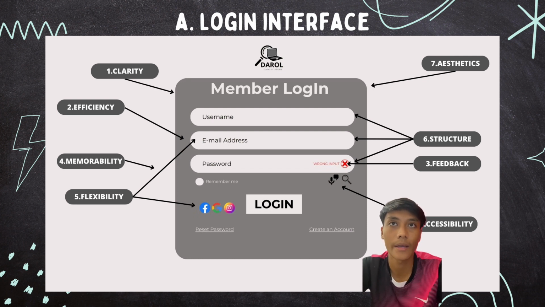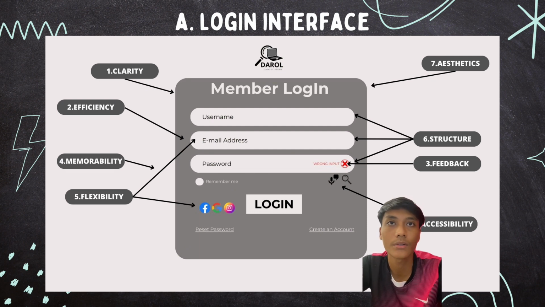And number 3 is feedback. Provide clear feedback message such as error notification to assist disabilities user in understanding their status. Number 4 is memorability. The login interface should be memorable so that user do not have to relearn how to log in every time they use the app. Number 5 is flexibility.